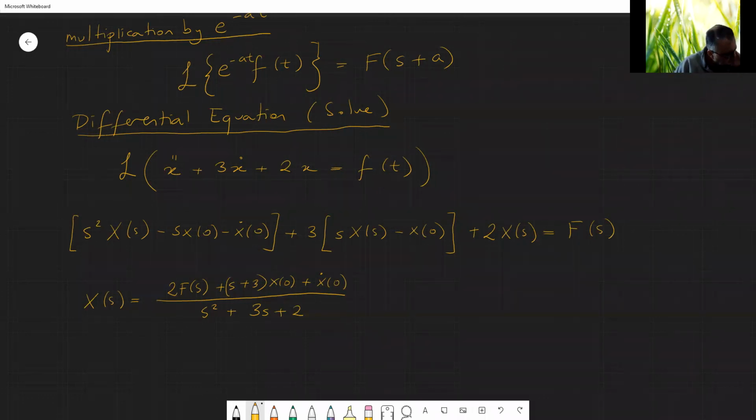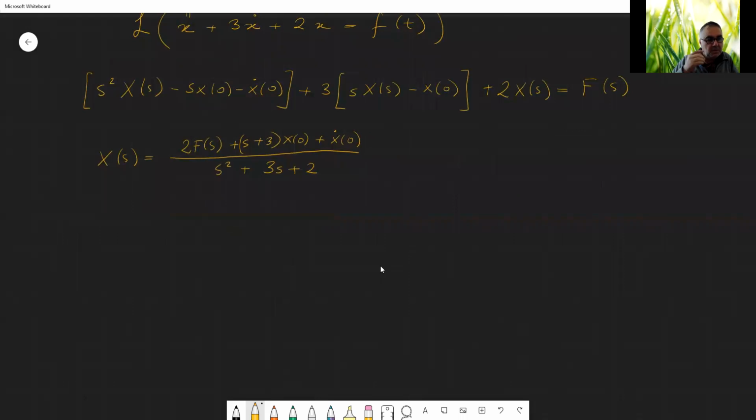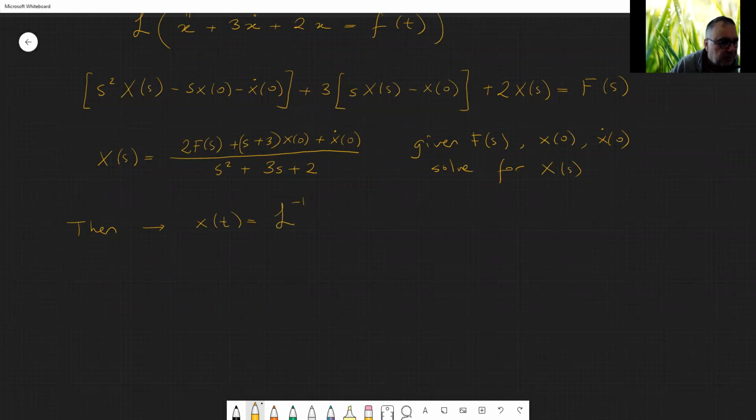So for example, here we will try to solve this: given F of s, let's say, x of 0, x dot of 0, solve for X of s, and then x of t is going to be the inverse transform of X of s.